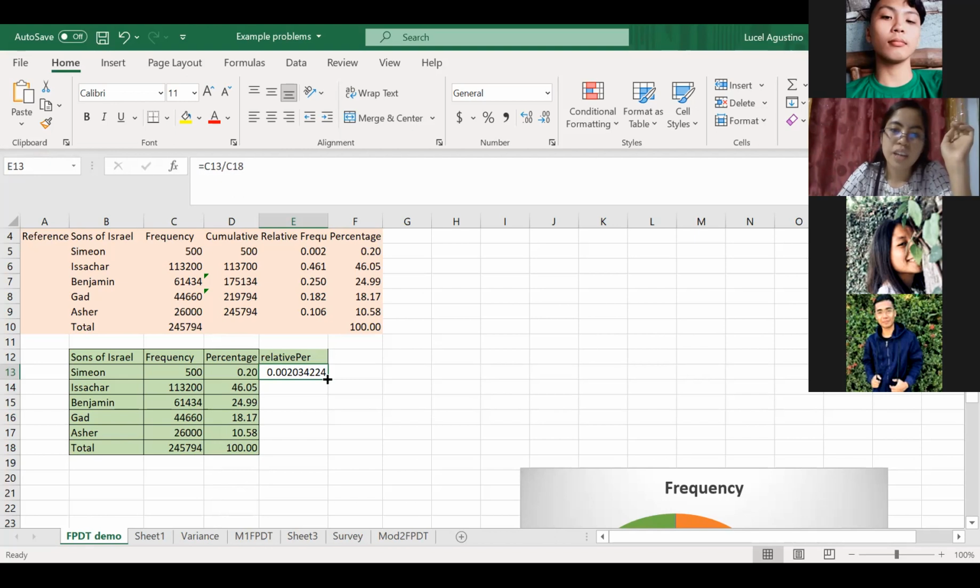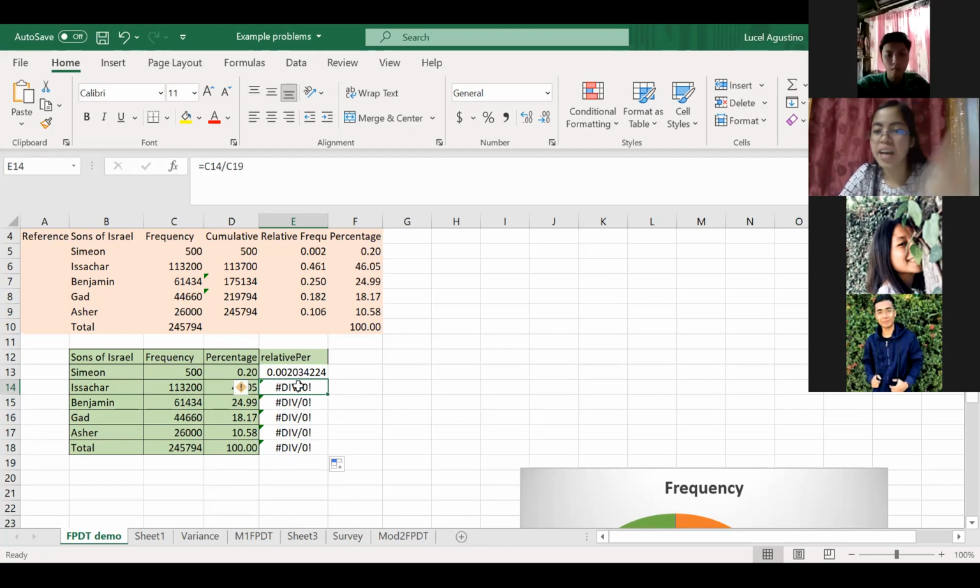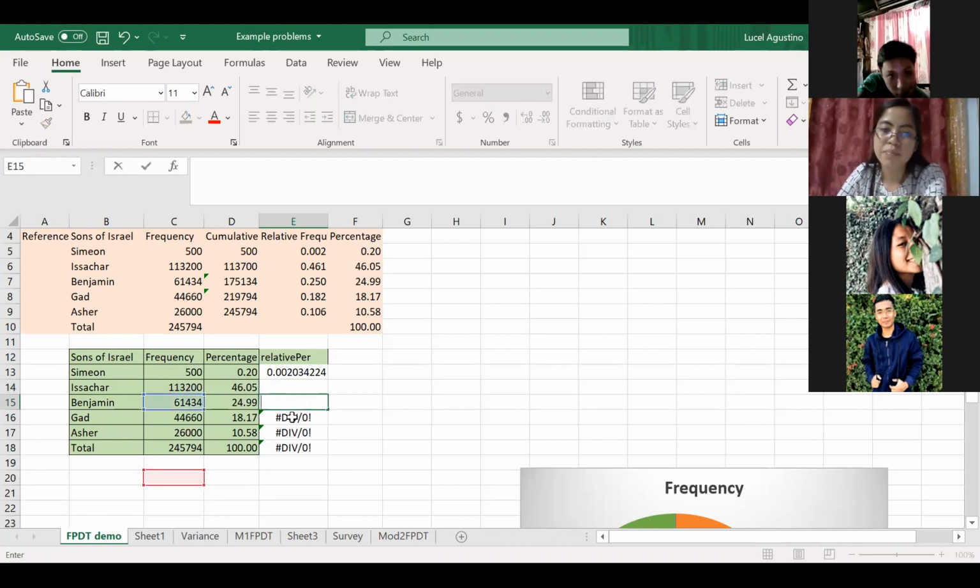So ang darkened cross ang inyo gamiton, then scroll down, then ay kay dili siya pwede, it's because nagkuha siya sang data sa dalom, so dili consistent. So we need to use the $ sign for the coding. So isa-isahon nyo na lang. I would like to teach you sa mga basic nga mga ano sa Excel, but we have to go through with our topic. So anyway, isa-isahon nyo na lang.